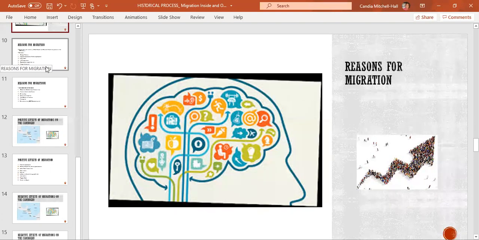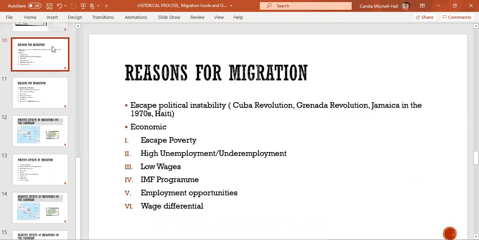Excellent. So ladies, these are some of the reasons why people migrate. One of the first that I'm going to look at is political instability.